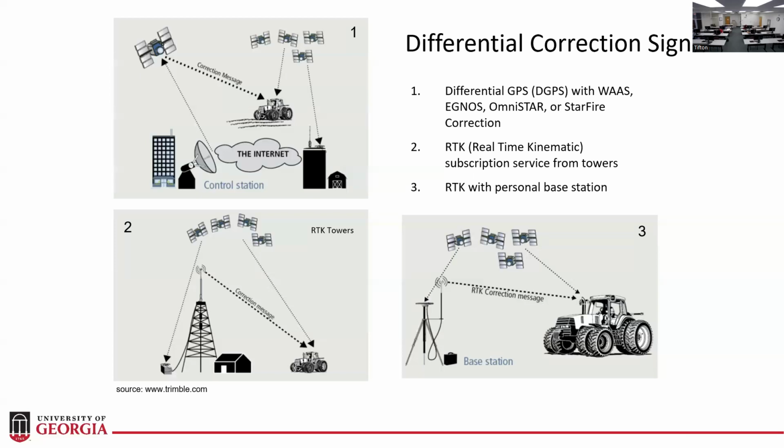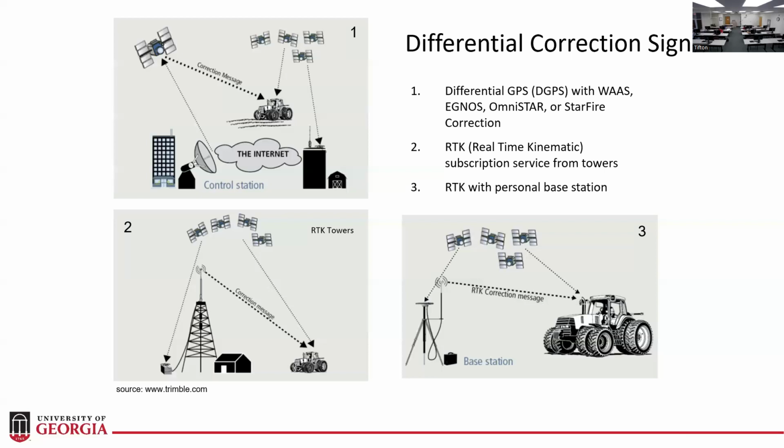So now we have the other type of differential correction, which is RTK. RTK requires a subscription because it's high accuracy. If it's high accuracy, then of course they're going to charge you to use it. RTK is a highly precise technique, which is going to give you 1-inch accuracy from year to year.